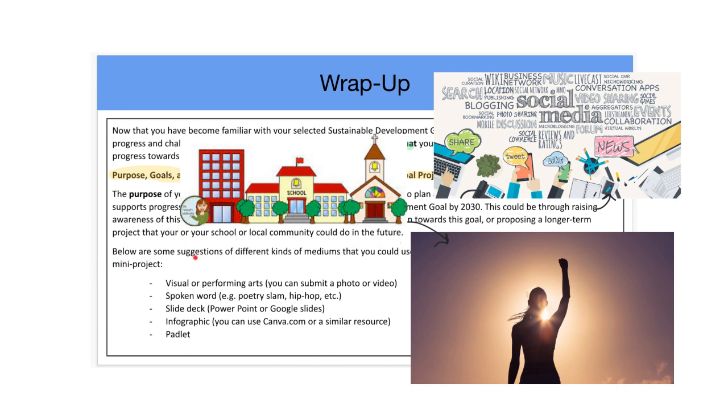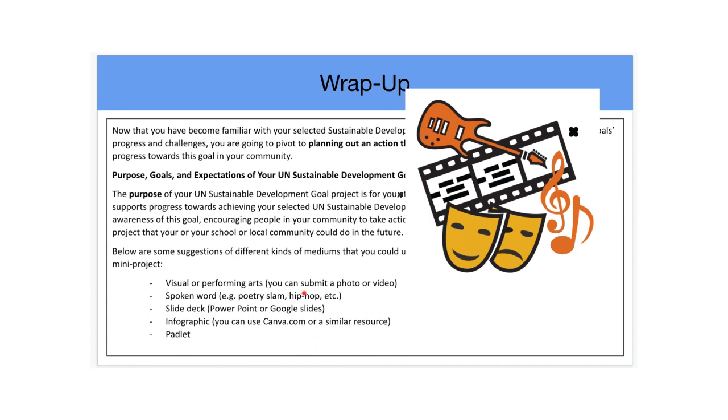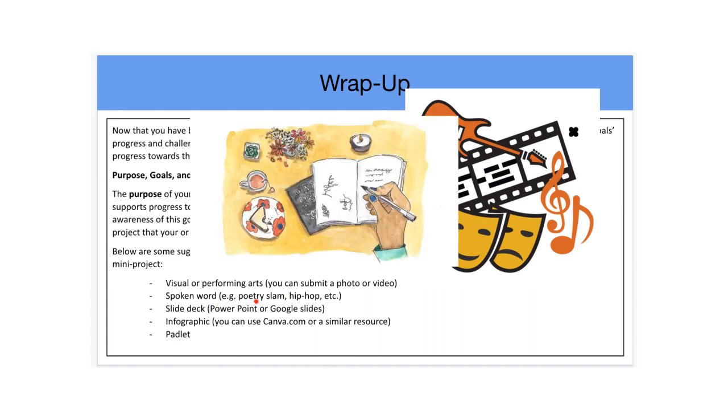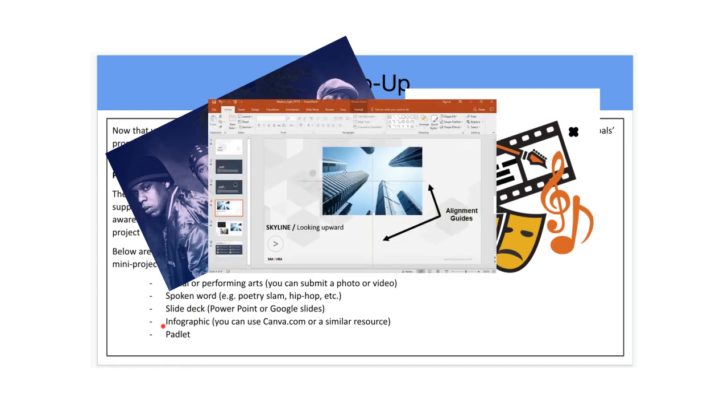Below are some suggestions of different kinds of mediums that you could use for your UN Sustainable Development Goals mini project. Visual or performing arts. You can submit a photo or video. Spoken word, for example, poetry, slam, hip hop, etc. Slide deck, PowerPoint, or Google Slides.